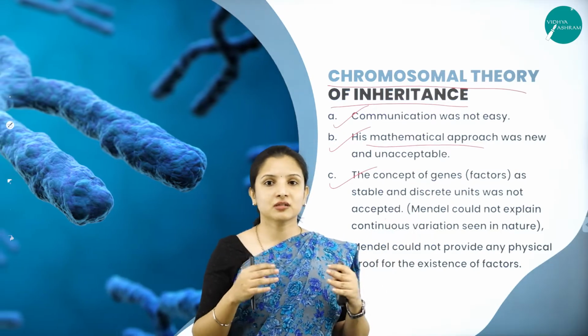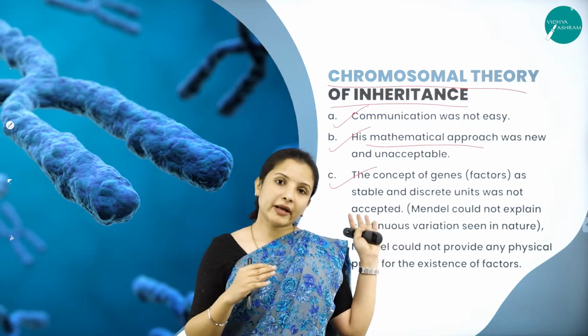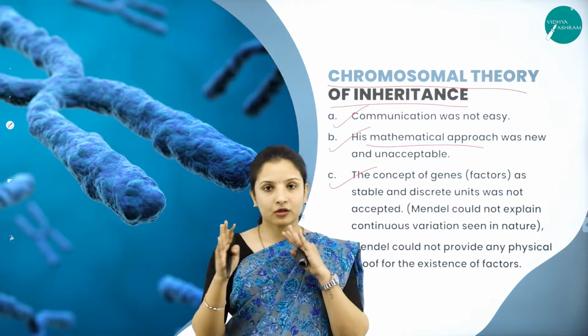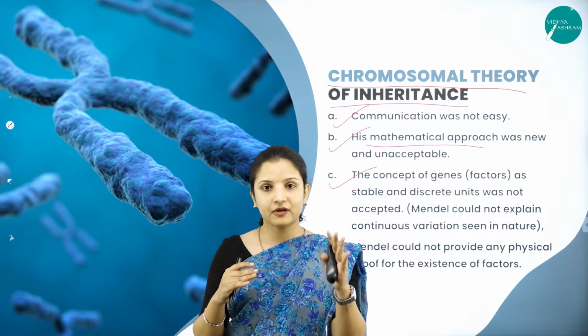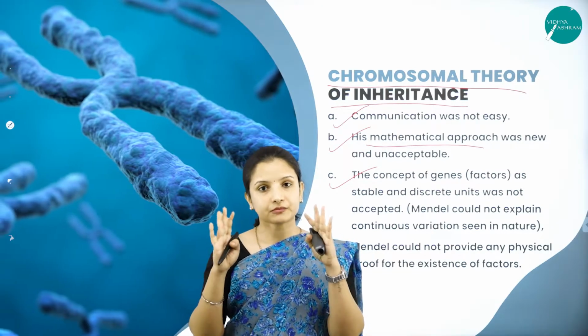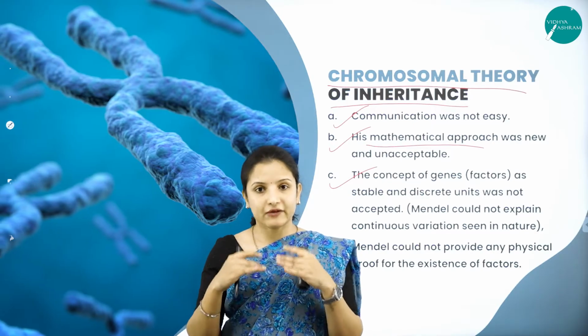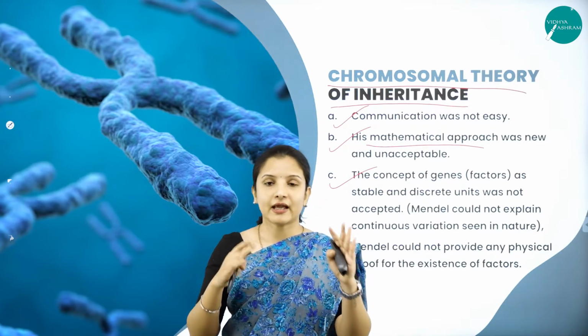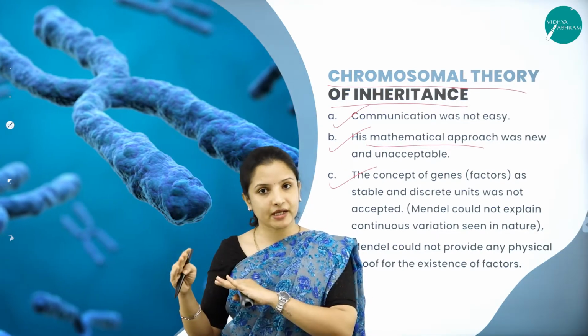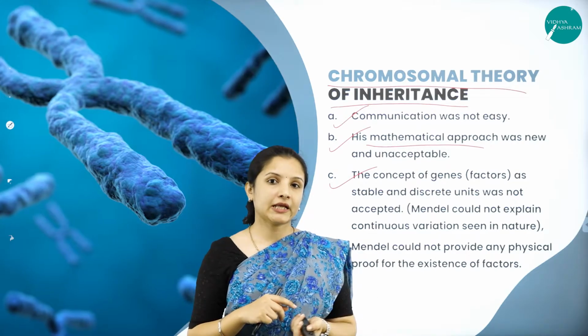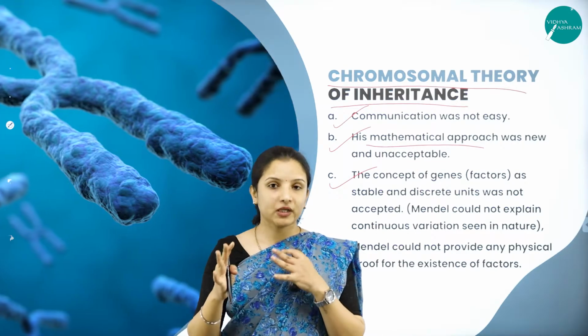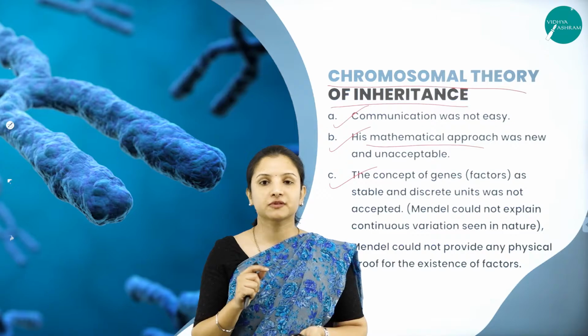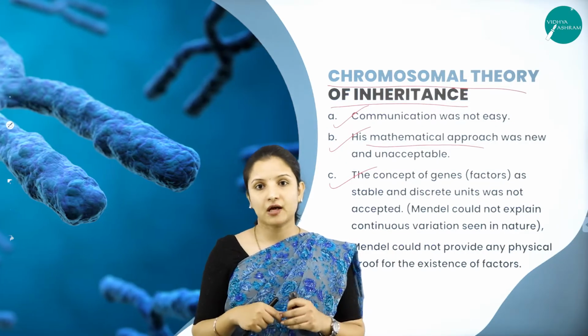So according to Mendel, what did he say? If a cross is made between the red color flower and the white color flower, in the F2 generation the red and the white will get expressed separately. But what happened in nature when a cross was made between the red and the white color flower? In the case of snapdragon, a pink color flower was produced.